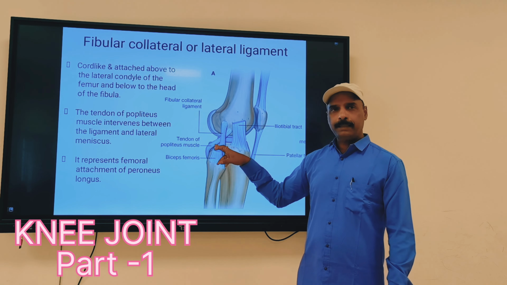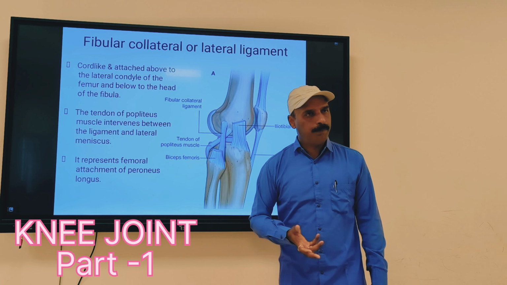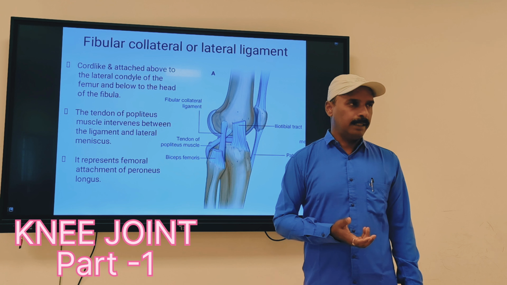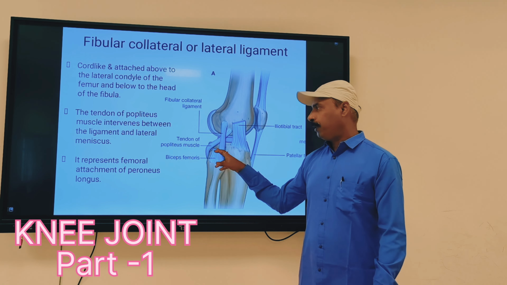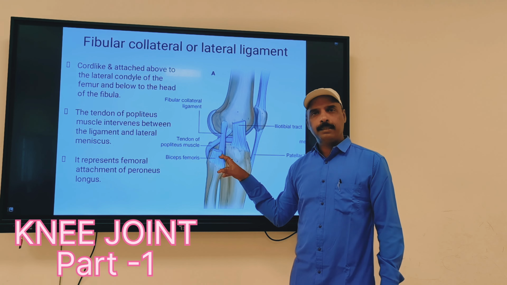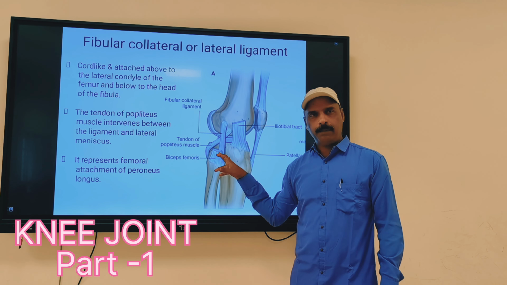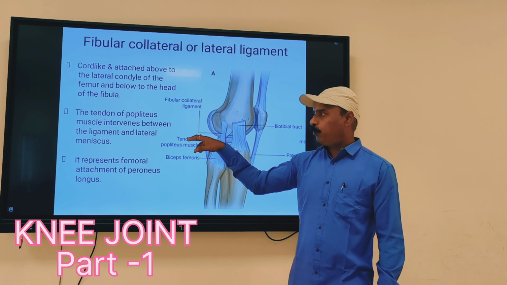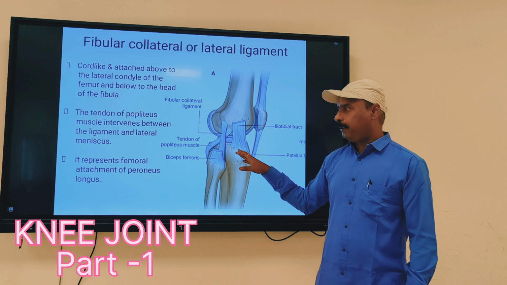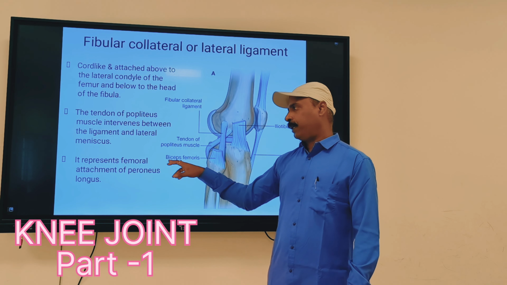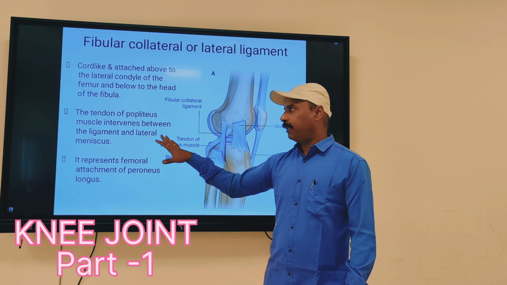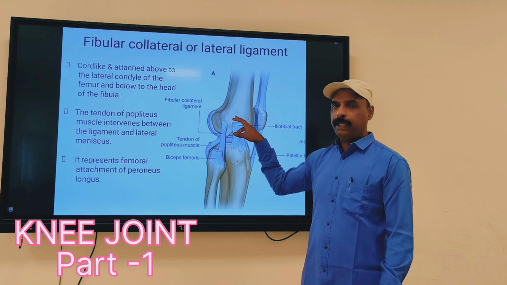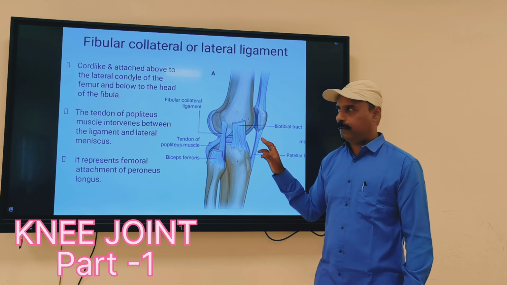So the C-shape attachment on the head of the fibula is the fibular collateral ligament. That is all we have come across in the study of the muscle attachments of the fibula. These are the few points, but the attachment is the main thing that is important.